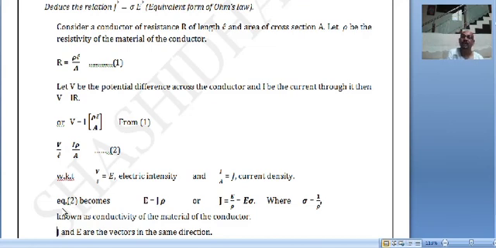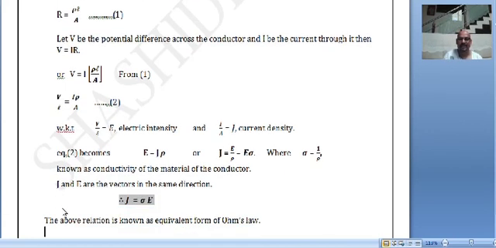Therefore E is equal to J rho, or in the place of rho you can write 1 by sigma. So E is equal to J by sigma. That means J is equal to sigma E. That's it. Very simple. I'll derive that once more and show it to you.